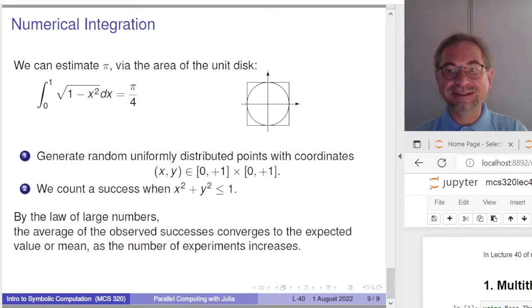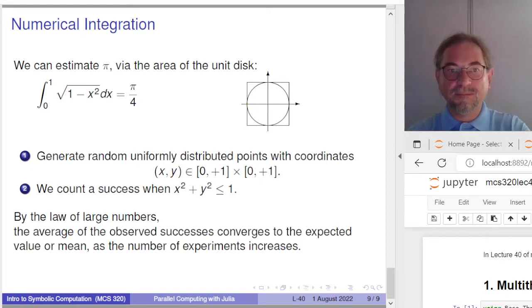And we count this as a success if the distance to the origin is less than or equal to 1. This is a very naive method to integrate, but it's a method that works very well in parallel. And as a matter of fact, for high dimensional integrals, it's actually the only suitable method to estimate the values of integrals.